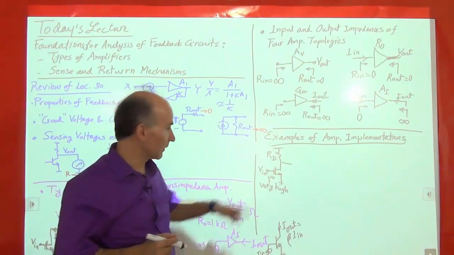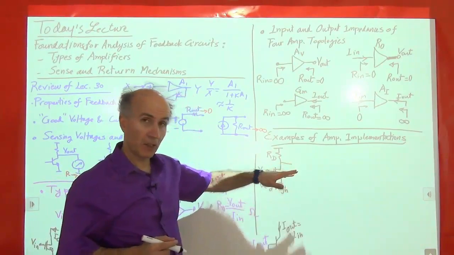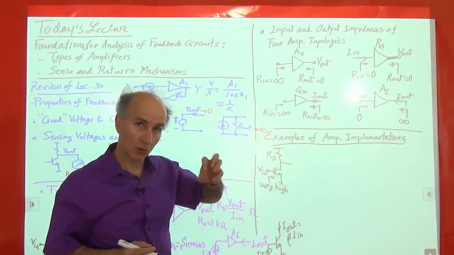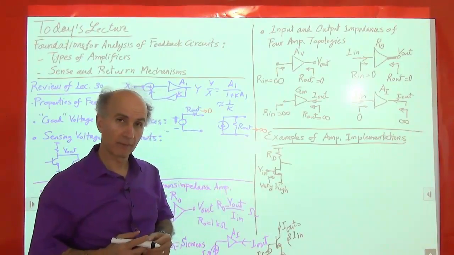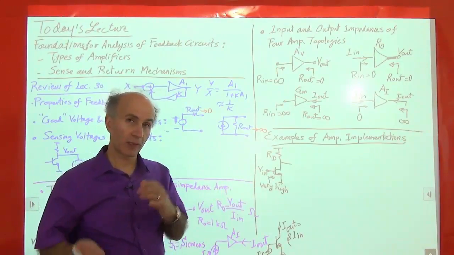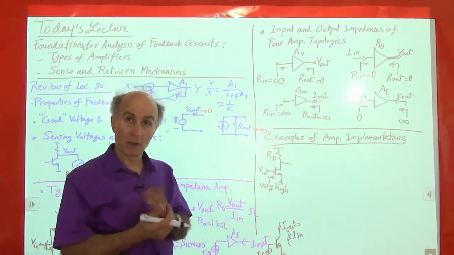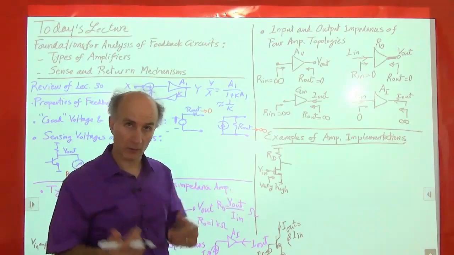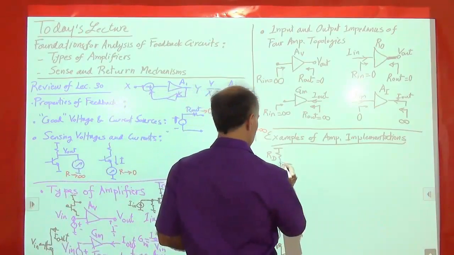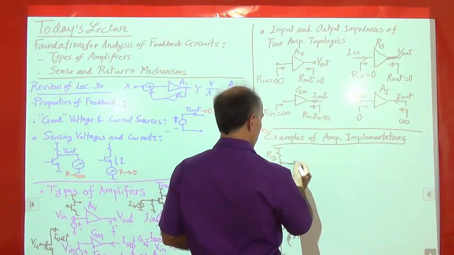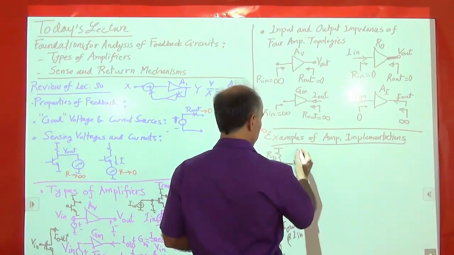Well, I can follow this by a stage that has a low output impedance. What kind of stage do we know from Electronics 1 that has a low output impedance? Followers, right? Emitter followers, source followers. So let's use something here. I can use maybe an emitter follower, right?